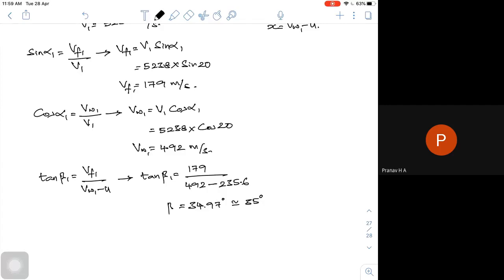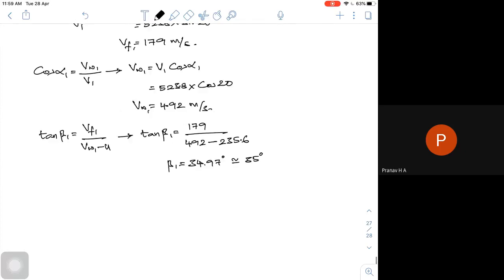That is my beta 1. Therefore, my beta 2 is equal to beta 1 minus 3 degrees. That is 35 minus 3, 32 degrees. I got both the blade angles.